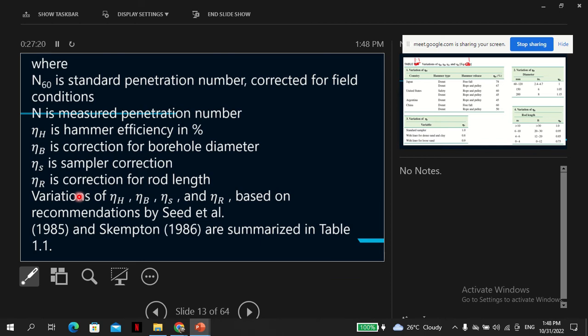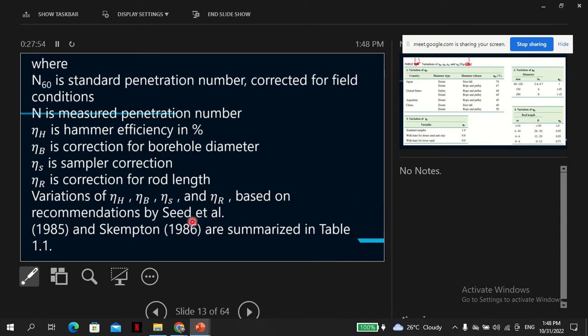But if you are to measure, you put some sensor on top of the anvil and see the amount of energy delivered, then you can compare versus WH, the weight times the height, and see whether the efficiency is 70, 60, and so on. Different kinds of hammers have known efficiency, and the variations are based on the recommendations.